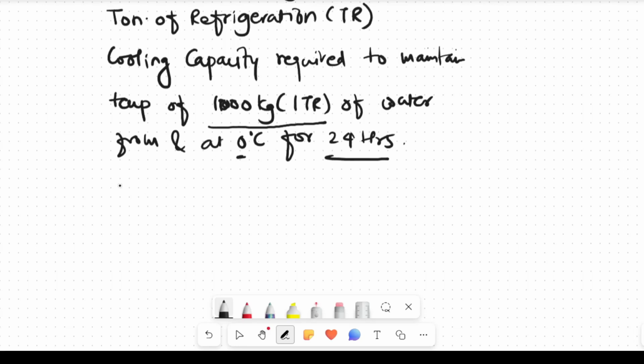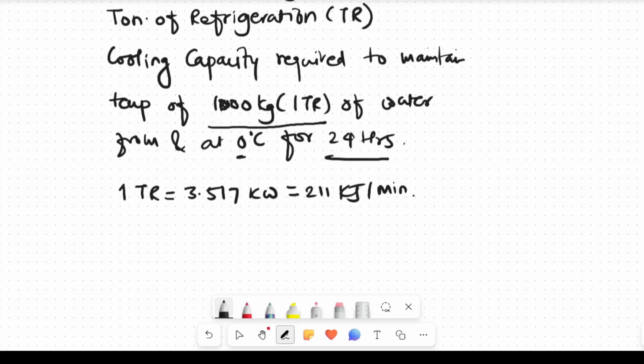Now this 1 TR was calculated. So 1 TR is equal to 3.517 kilowatt, or it is equal to 211 kilojoule per minute. These are the values for 1 ton of refrigeration that we get by some calculation.